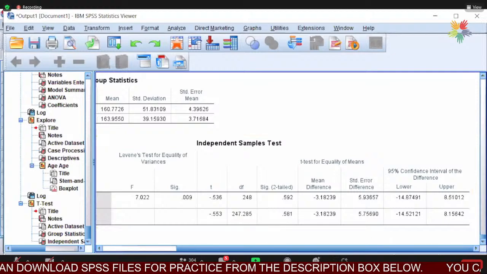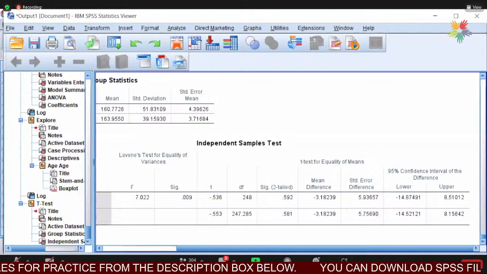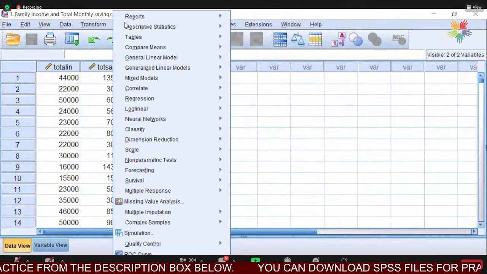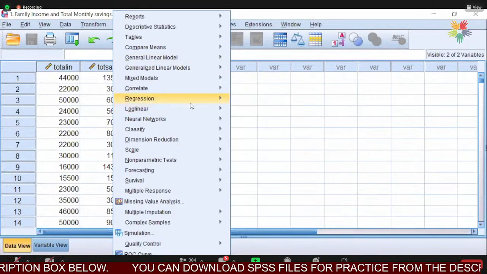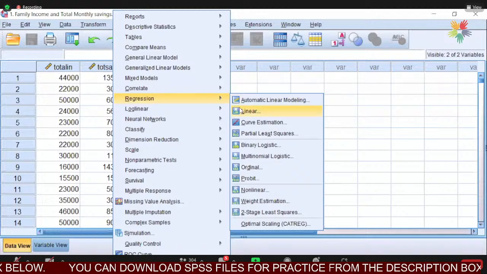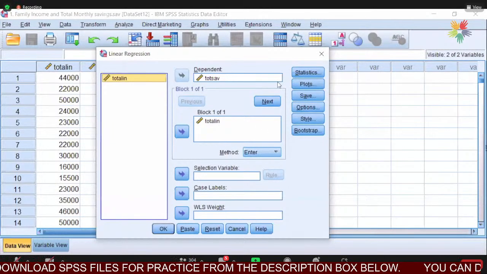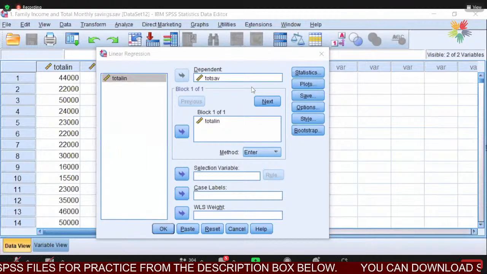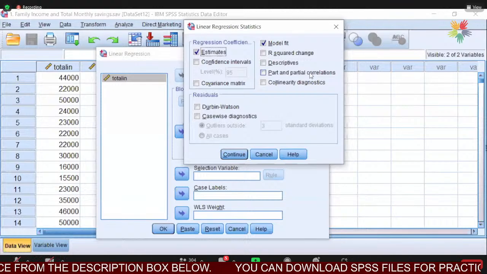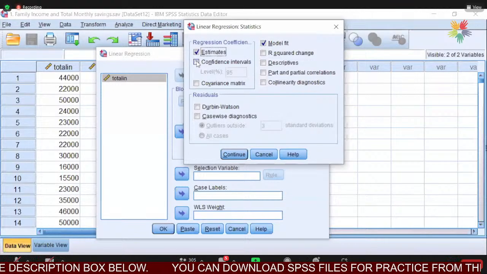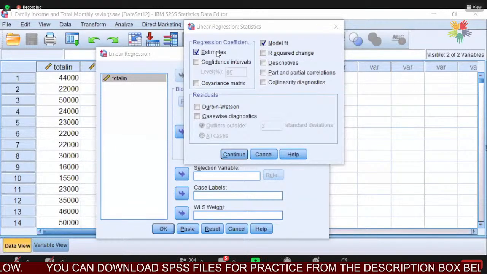Now we will go to our SPSS, to regression. In recent versions the upper bound and lower bound all come automatically, but in my system it is not coming. Only regression coefficients is there.